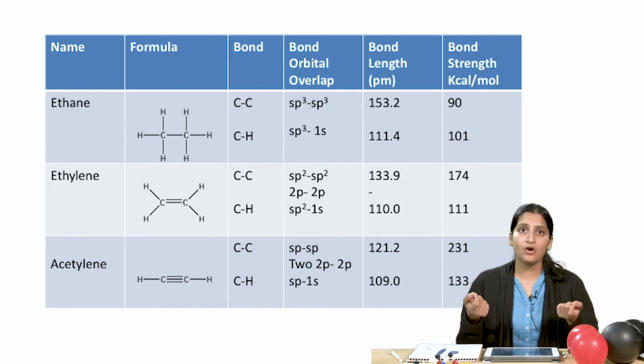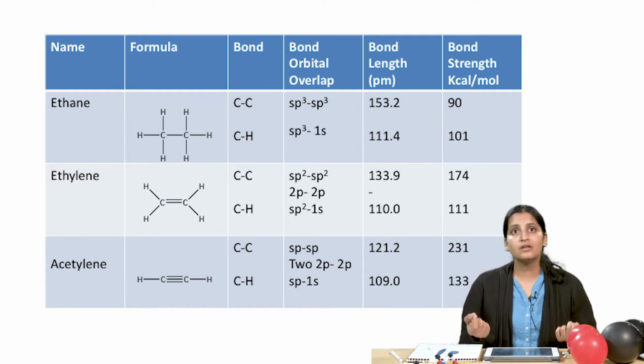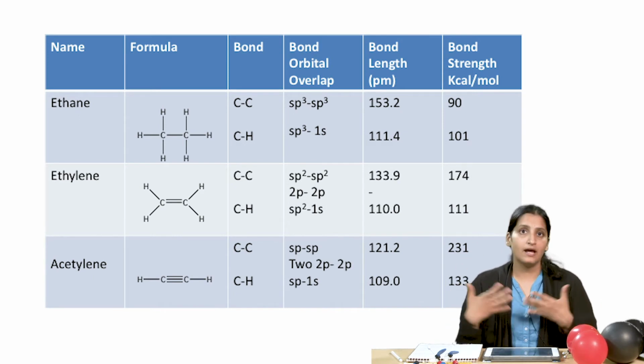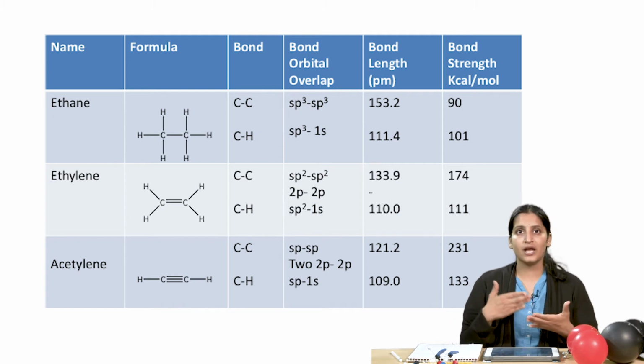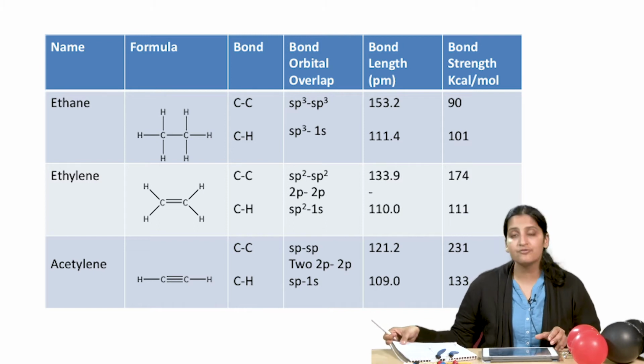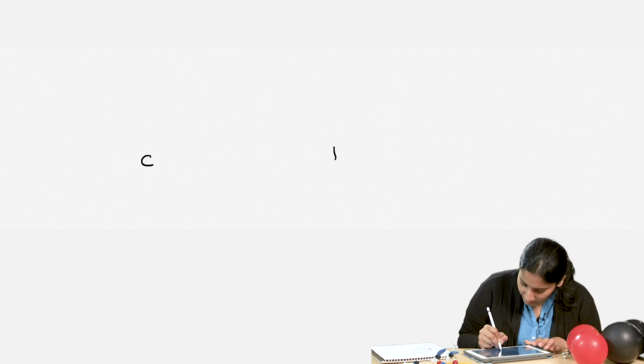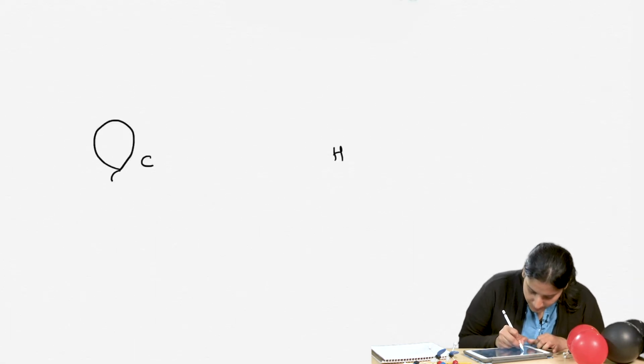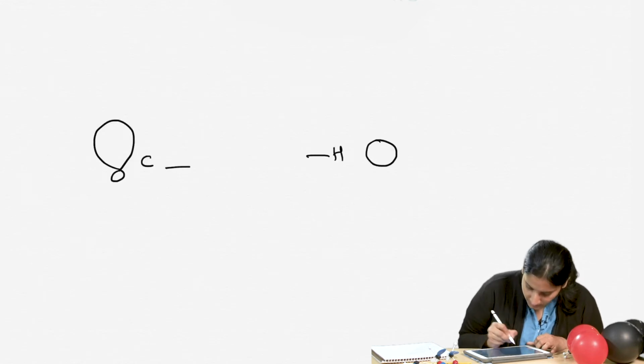So if I really have to talk about the molecular orbitals in the case of methane, what I have to think about is an overlap between the sp3 hybridized orbital of carbon and the 1s orbital of hydrogen. When these two combine, I can either combine them such that they add or they subtract. So in the case of methane, if I have to draw the molecular orbital diagram for carbon-hydrogen bonding, carbon is sp3 hybridized and hydrogen is a 1s orbital.